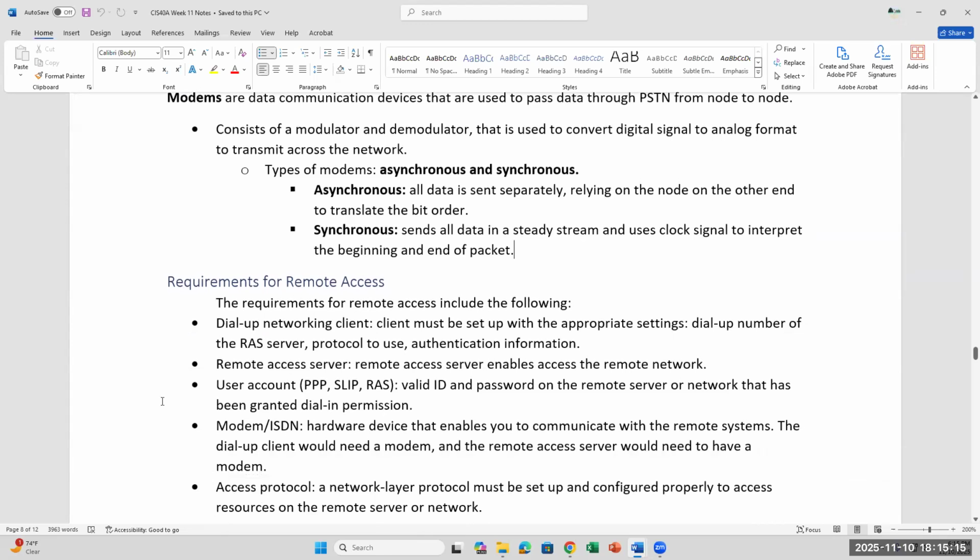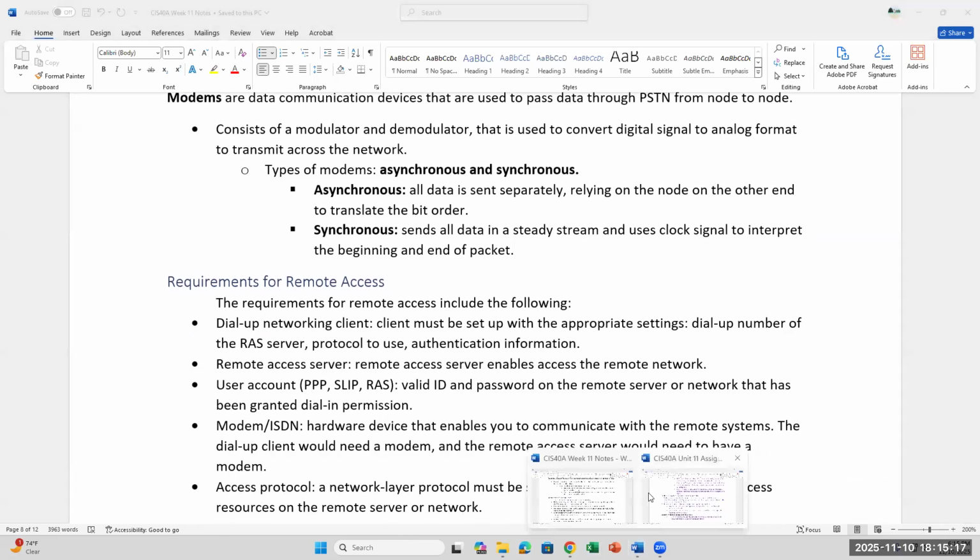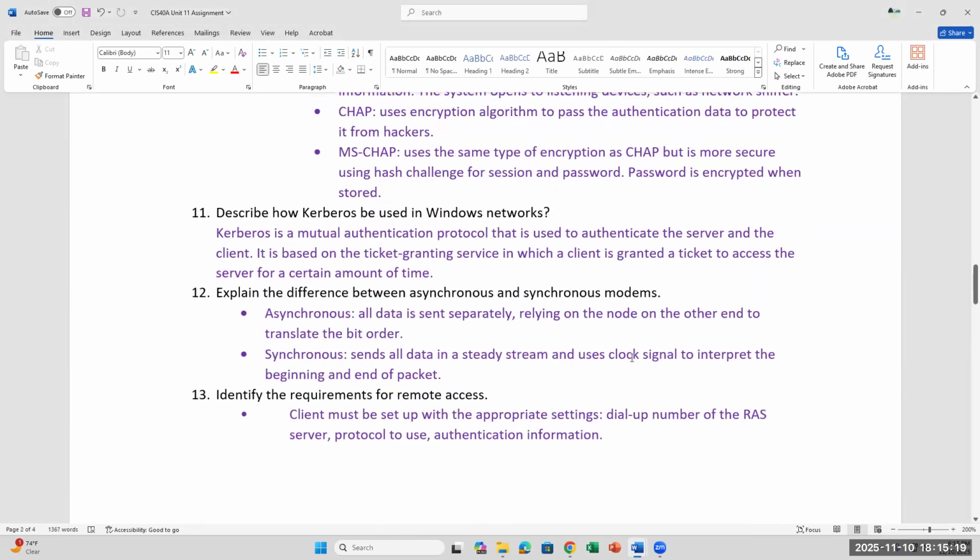Okay, so for remote access, what do I need? If you need to really think about planning out your remote access server and that part of your infrastructure, what do I need? First, my client system, my laptop, my desktop, my systems that are connecting to the network. It needs to make sure that it has the configuration.